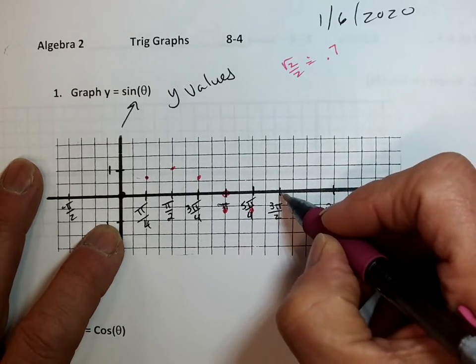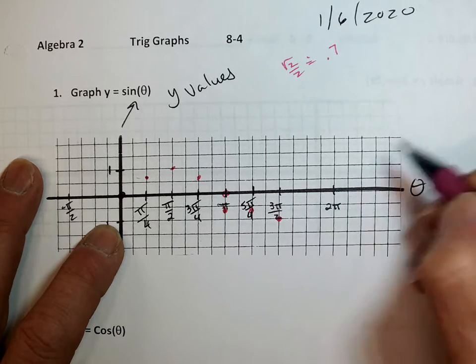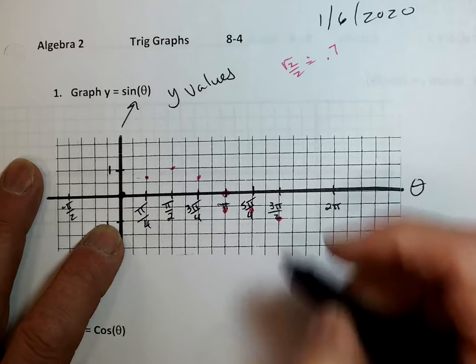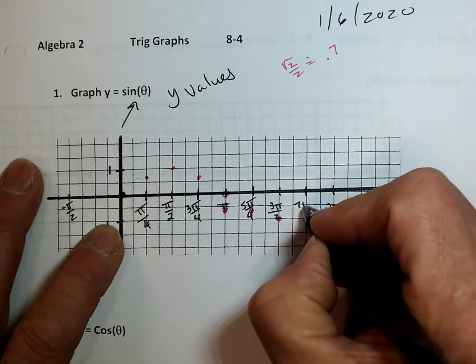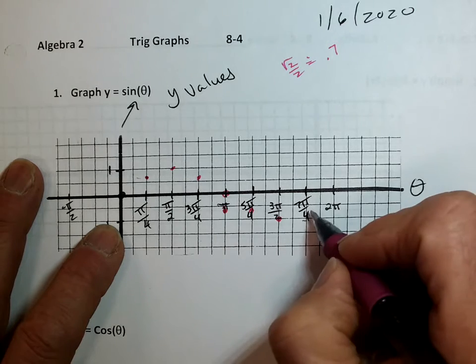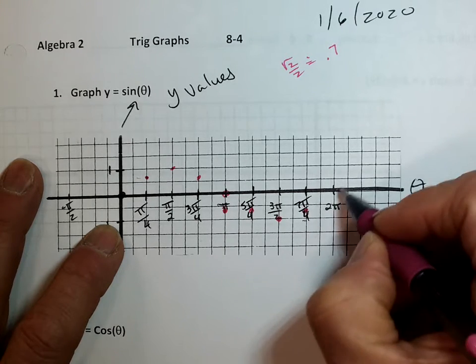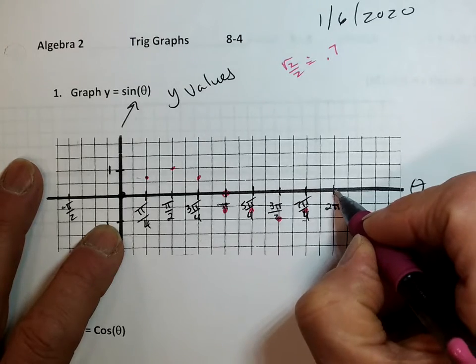3 pi halves is a negative 1 value for my sine. I've got 7 pi fourths, which is right here. 7 pi fourths is negative square root of 2 over 2, or negative 0.7. And then at 2 pi, y is back to 0.